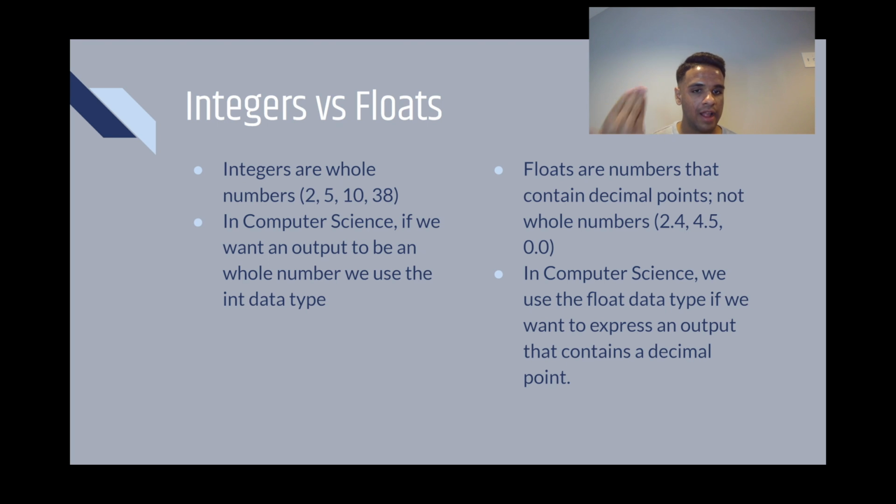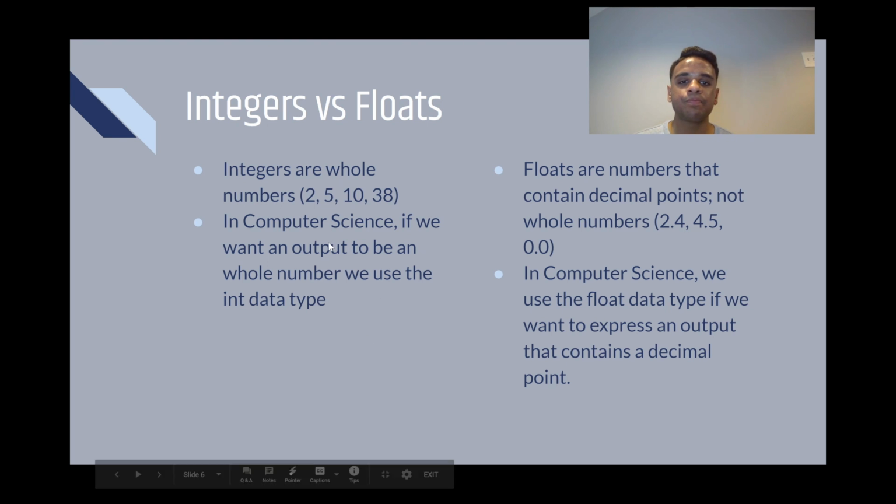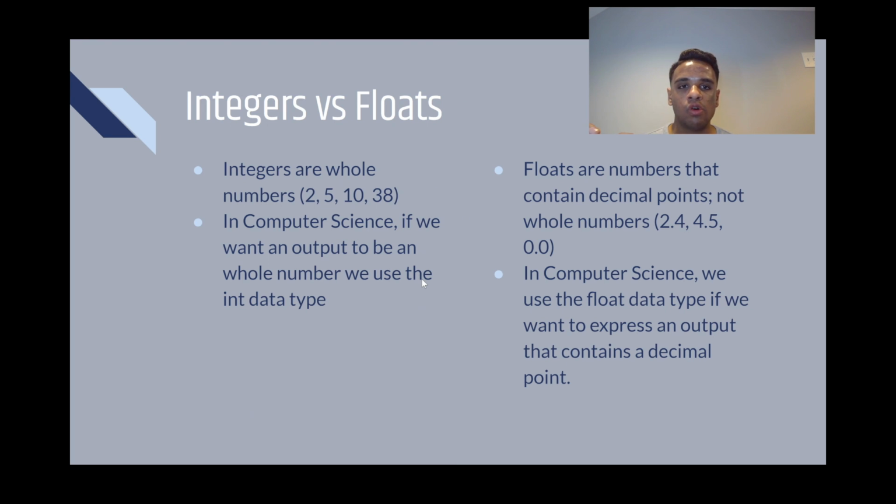In computer science, we use the float data type if we want an output that contains a decimal point. So that's the main difference between an integer and a float. Integers are whole numbers, floats contain decimal points.